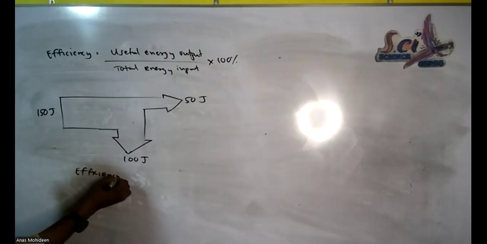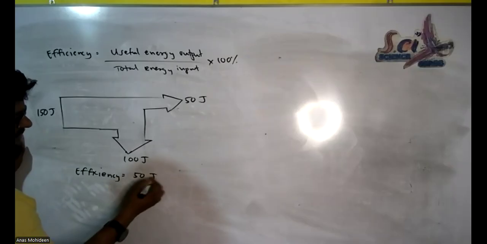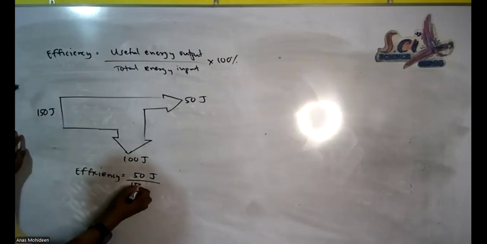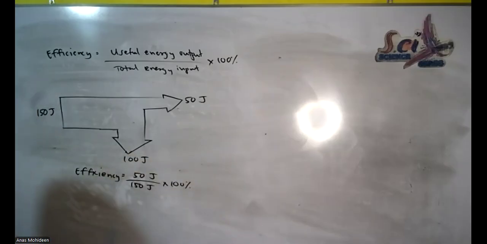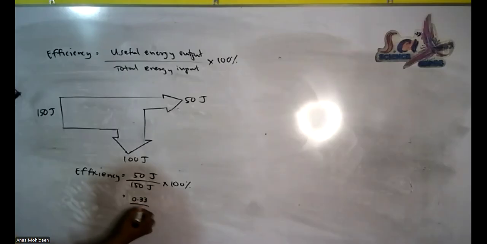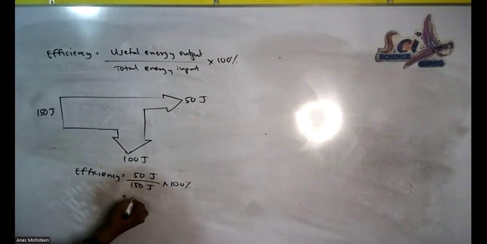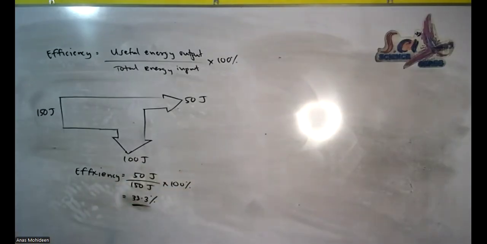Efficiency is equal to useful energy, 50, divided by total energy, 150, into 100%. It is 1/3, which is almost 0.33, or else 33.3%. So this is how you get the answer.